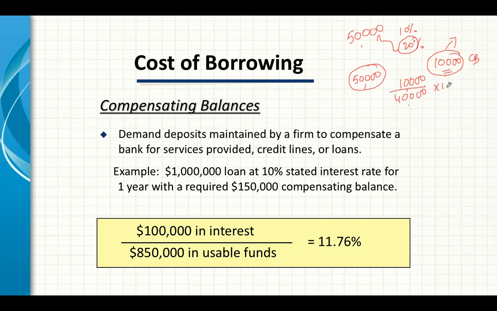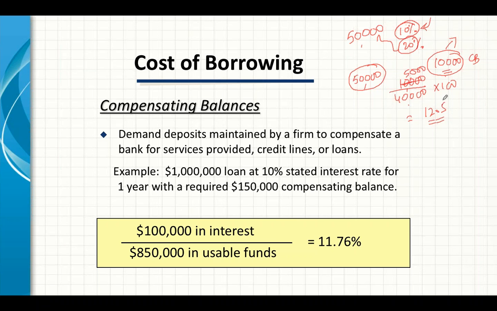So the rate of interest will be different now. 5,000 divided by 40,000 is going to be 12.5%. See, your cost is increasing. On paper, with the agreement with the bank, it is only 10%, but effectively it is 12.5%.